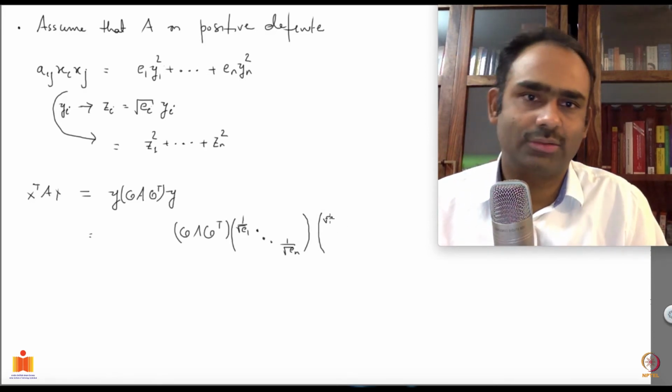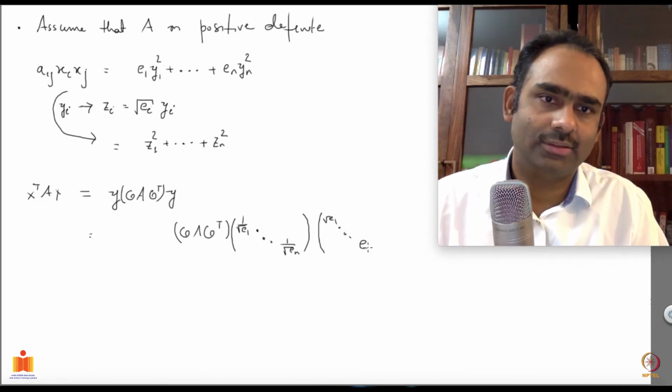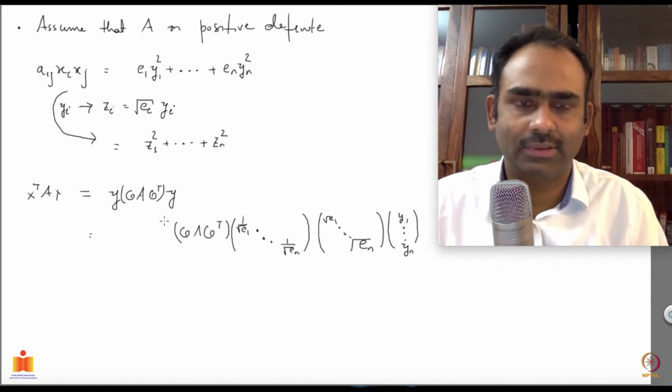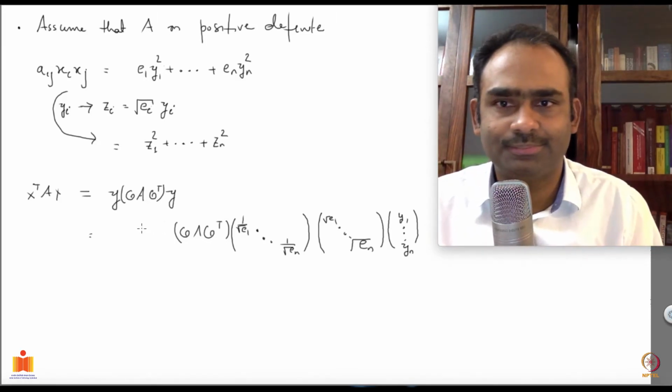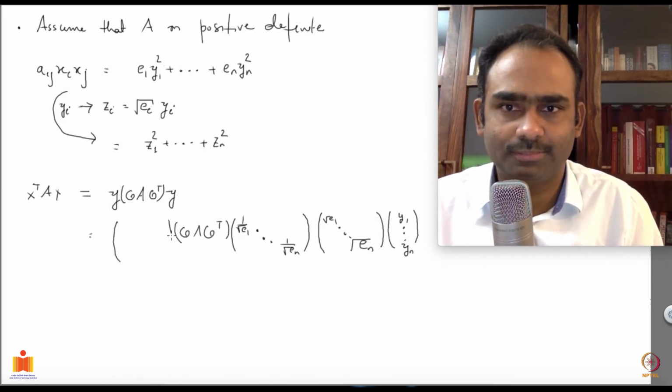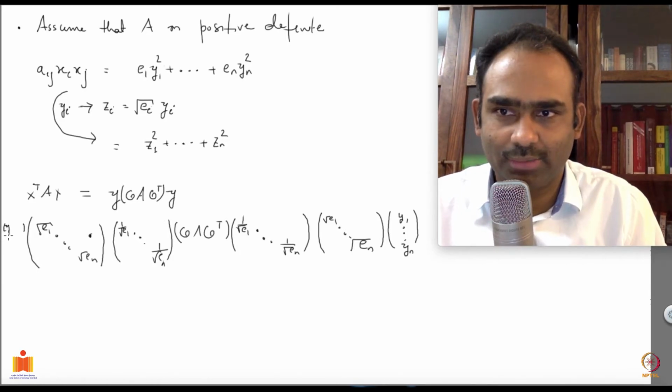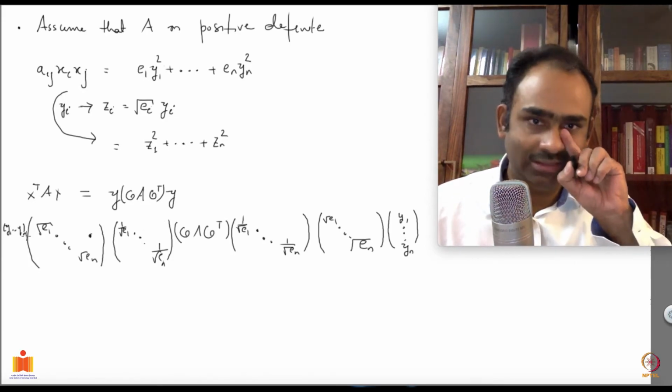Then you have y_1 to y_n, and then here again you have 1 over square root of e_1 up to 1 over square root of e_n, and then you have y transpose, so basically the row y_1 to y_n.